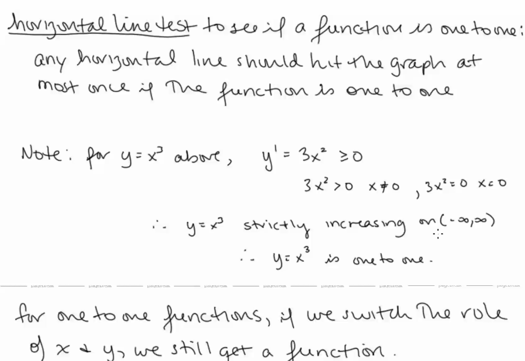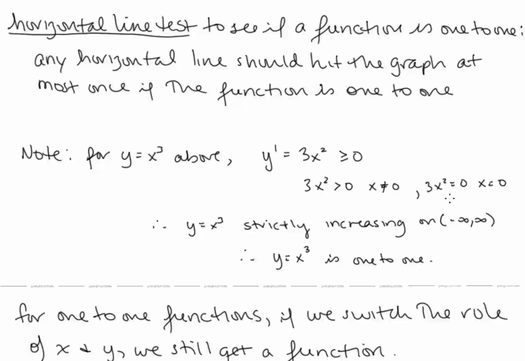And therefore we know that no two x values can share the same y value. So for y equals x to the third, we could take a look at y prime, that's 3x squared. We know that 3x squared is equal to 0 only when x is equal to 0. And for every other x value, 3x squared is positive. So that says this graph increases.